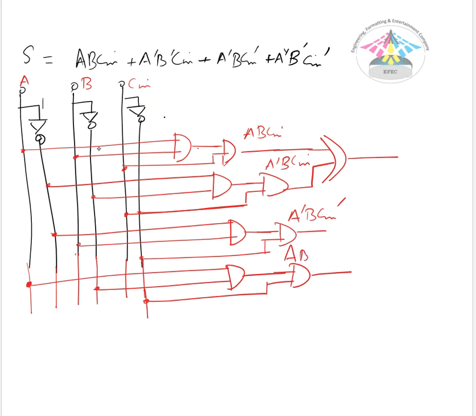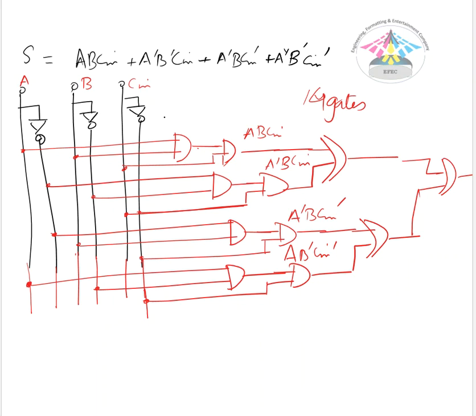So this is A, B dash, Cn dash. Now let's pass them through the OR gate and finally combine them with another OR gate. So this is basically the first implementation. Here we are using 1, 2, 3, 4, 5, 6, 7, 8, 9, 10, 11, 12, 13, and 14 gates.